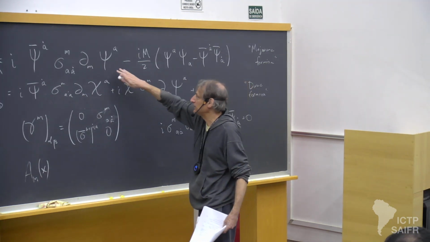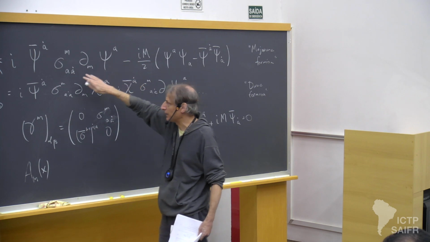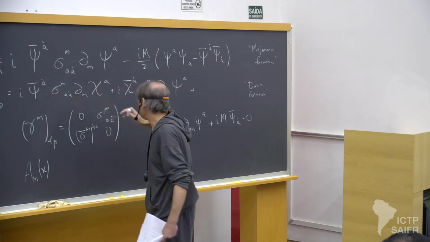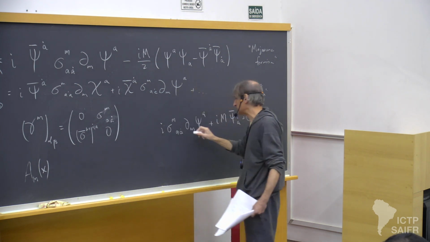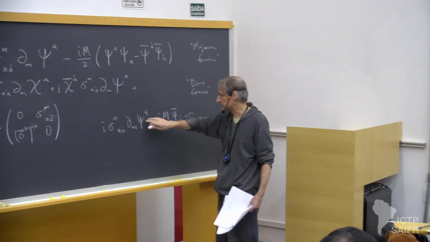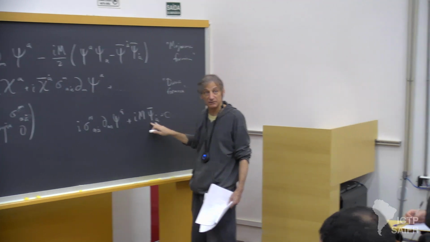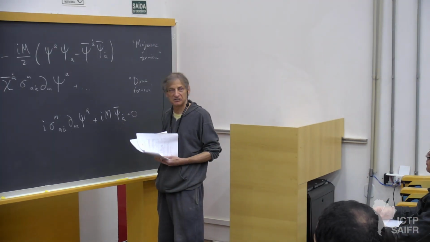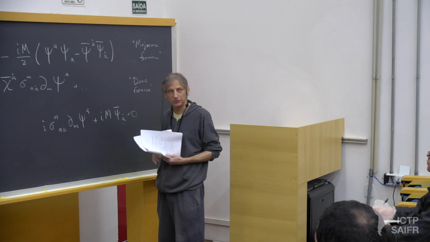Now it turns out the Majorana spinor has 2 complex degrees of freedom. But we just found out that the 2 complex degrees of freedom are related to each other. If you know what psi_a is, you know what psi bar a dot is. So in fact, there are only 2 physical degrees of freedom. Physical means on shell, or using the equation of motion.